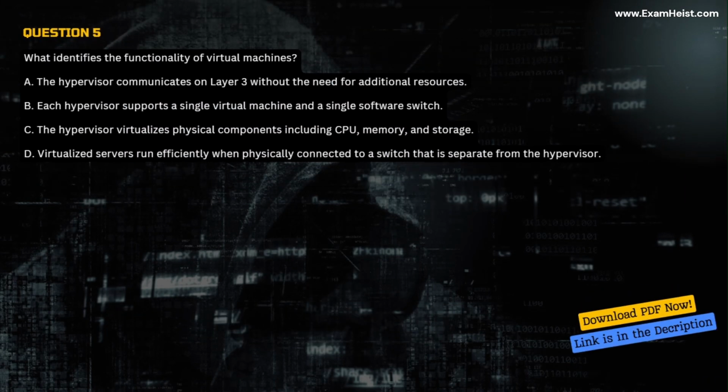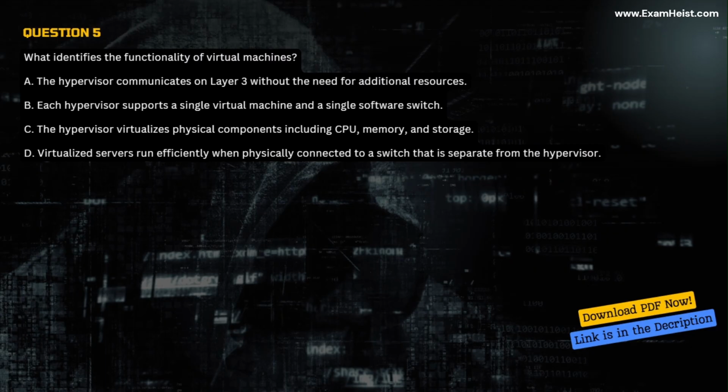Question 5. What identifies the functionality of virtual machines? A. The hypervisor communicates on layer 3 without the need for additional resources. B. Each hypervisor supports a single virtual machine and a single software switch. C. The hypervisor virtualizes physical components including CPU, memory, and storage.